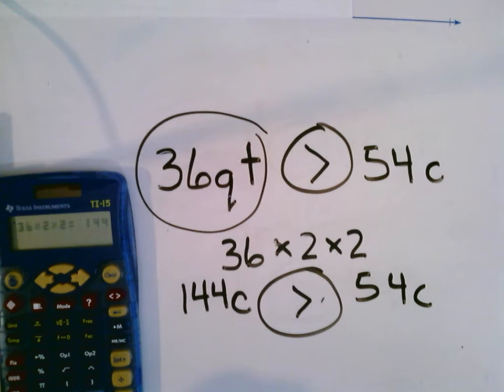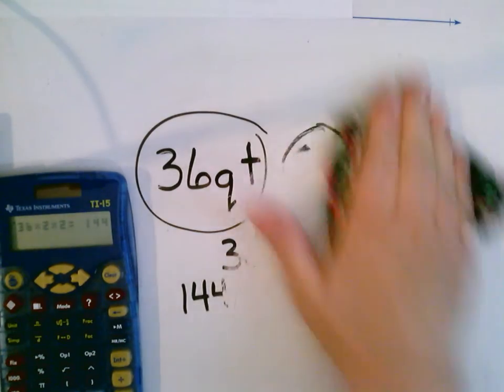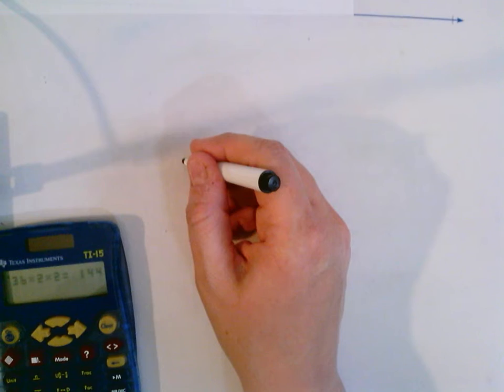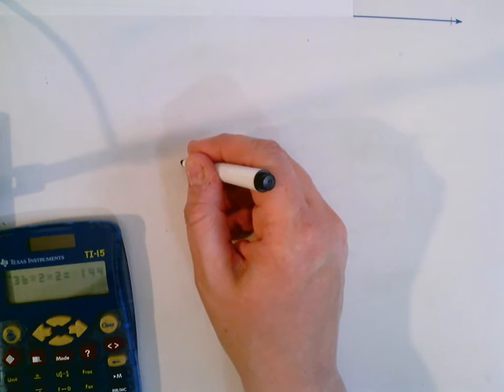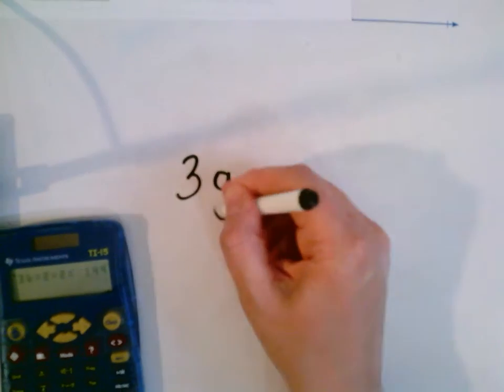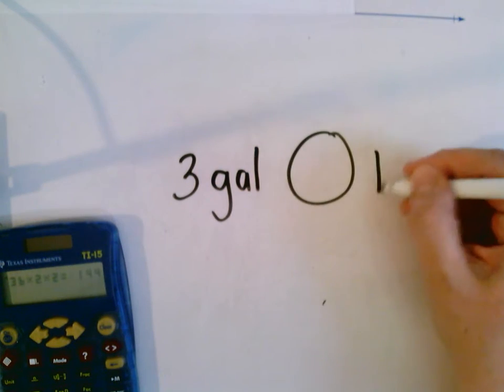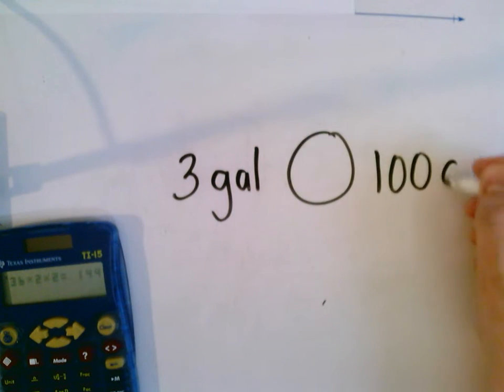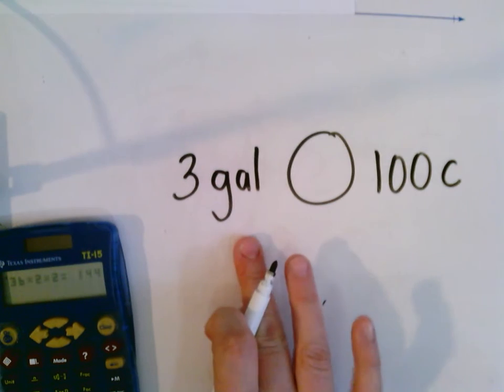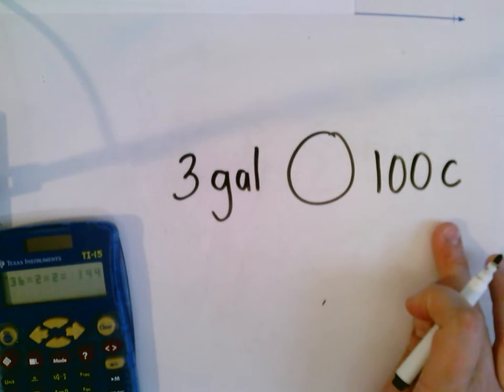Let's do one more example. 3 gallons, and let's compare that to 100 cups. 3 gallons to 100 cups.